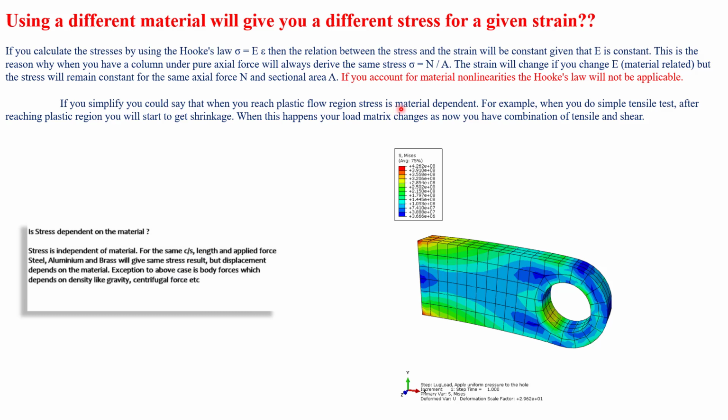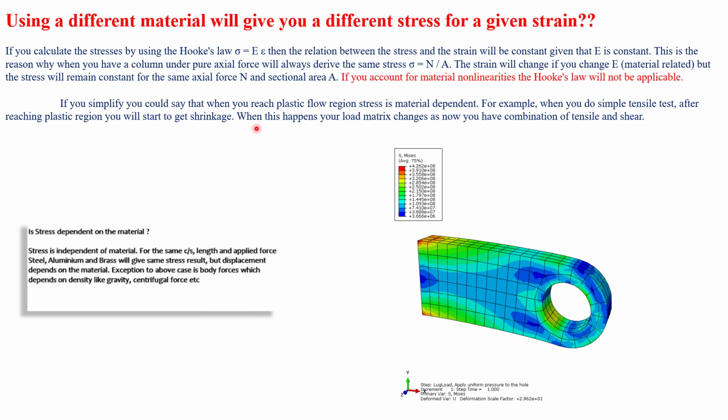Material dependent, because if it is in the plastic region, it will definitely extend. So the cross-sectional area will change, right, due to the thinning effect of the metal or material, and then the stress results will ultimately change. For example, when you do a tensile test, after reaching the plastic region you will start to shrink.